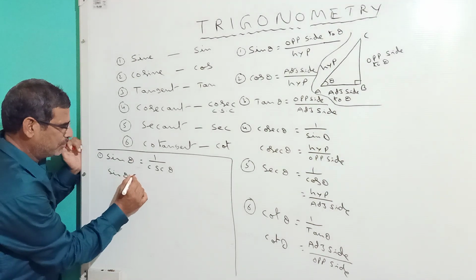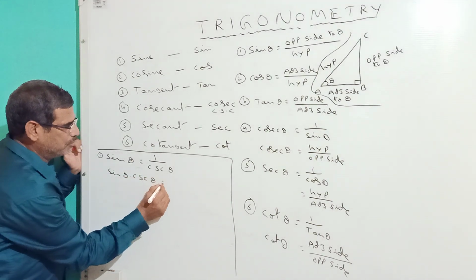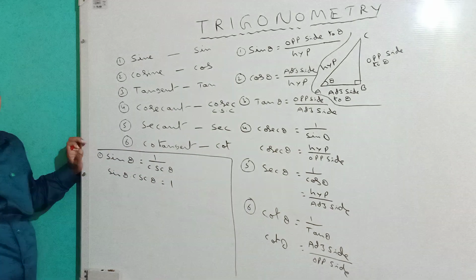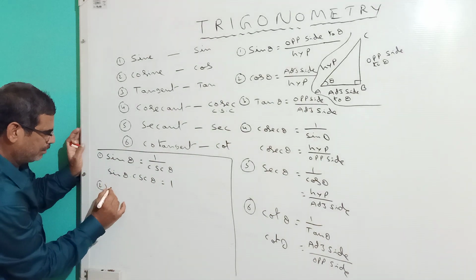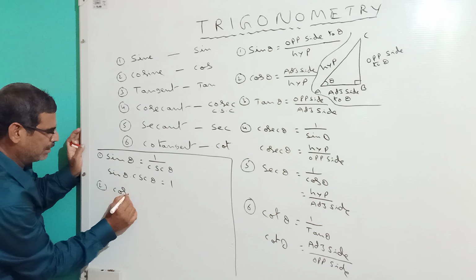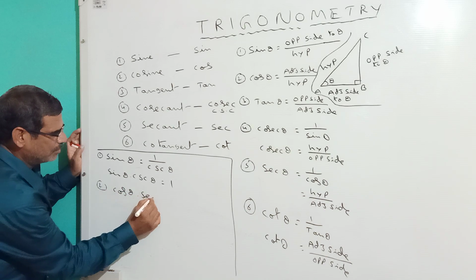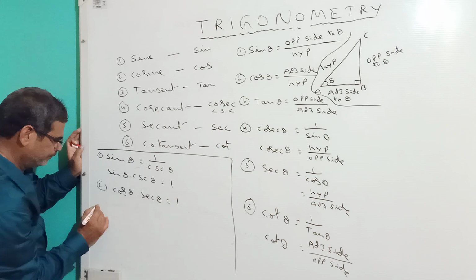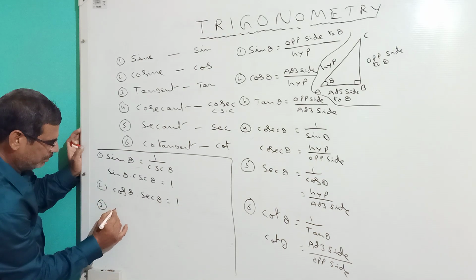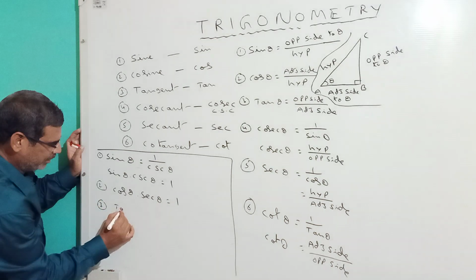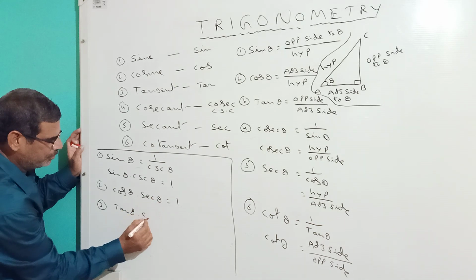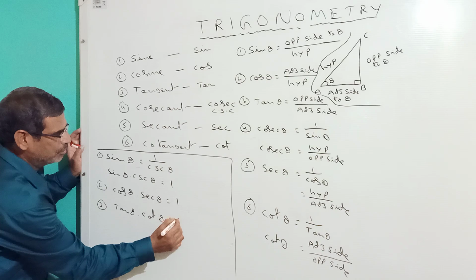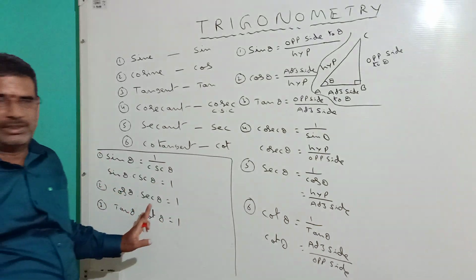So sin theta into cosecant theta is equal to 1. This is one of the important formulas, one of the identities. In the same way, cos theta into secant theta is equal to 1. Third one, tan theta into cot theta is equal to 1. You have to remember these three.